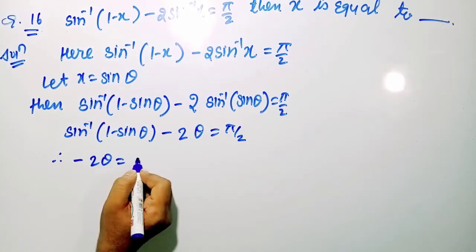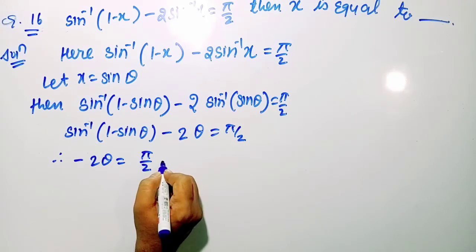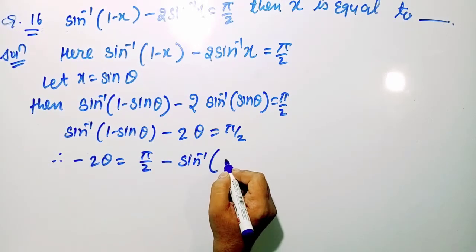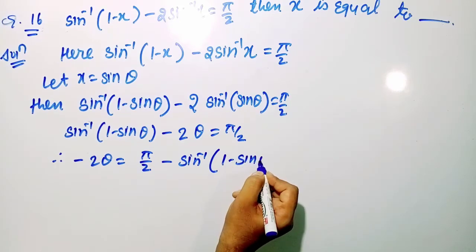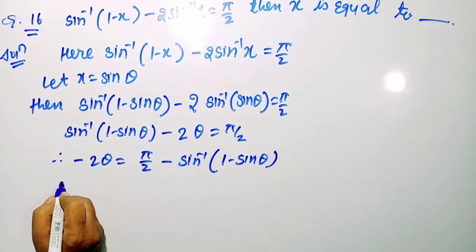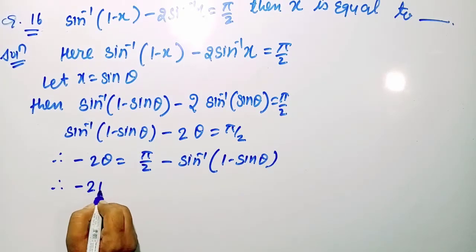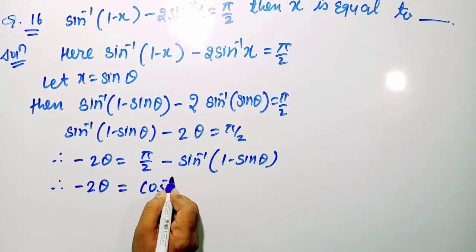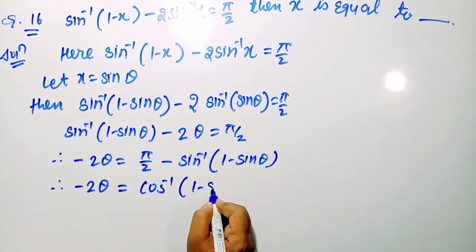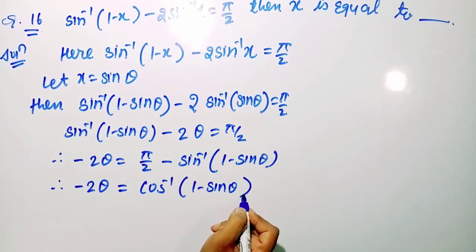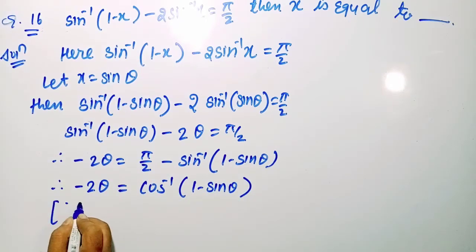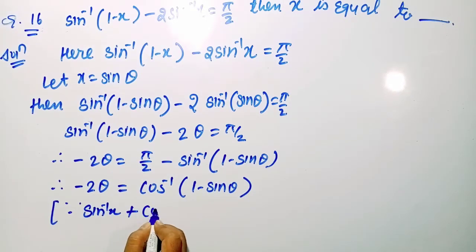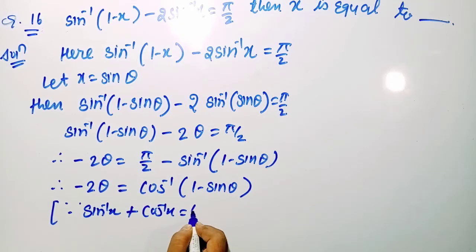Now students, minus 2 theta will be equal to pi by 2 minus sin inverse (1 minus sin theta). Okay, so minus 2 theta will be equal to cos inverse (1 minus sin theta), because students we know that sin inverse x plus cos inverse x is equal to pi by 2.